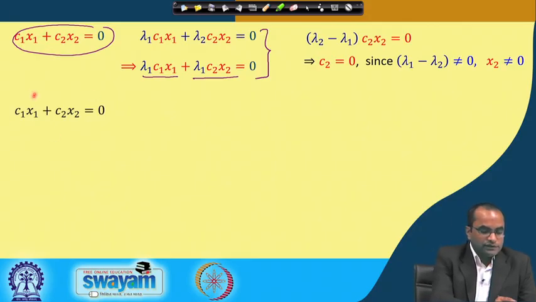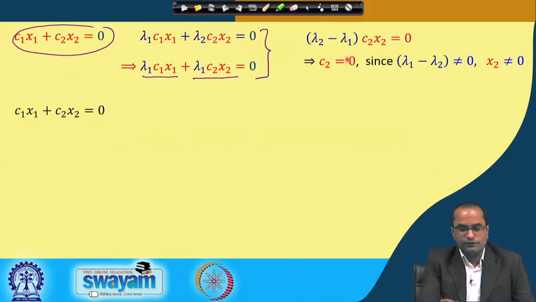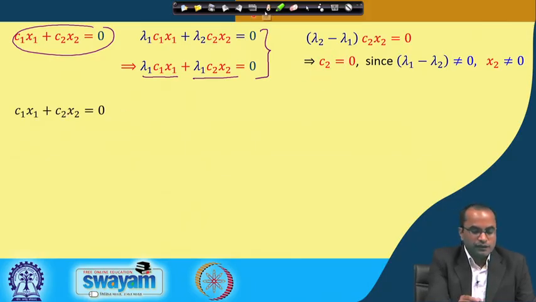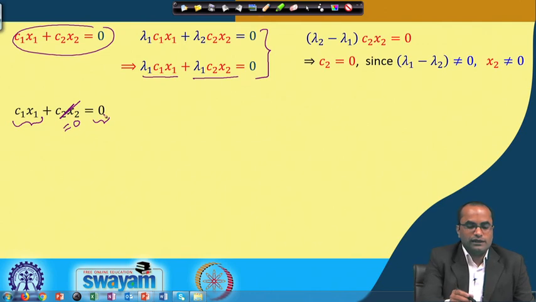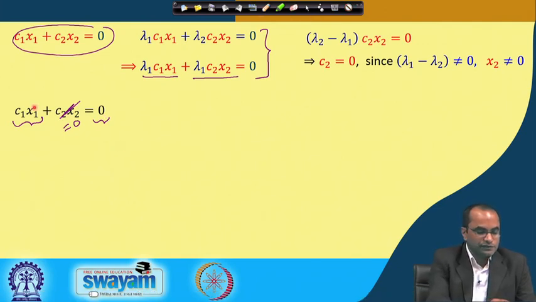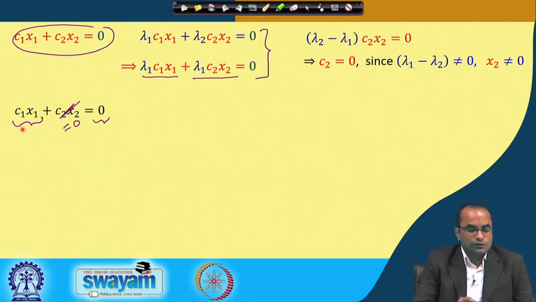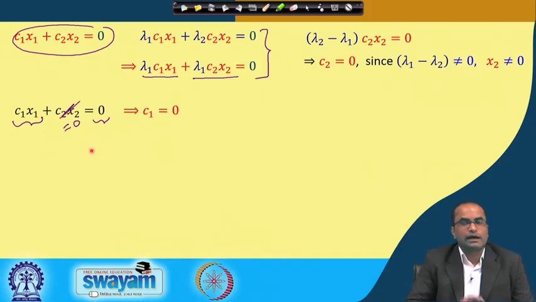And then from equation number 1 again, C 1 x 1 plus C 2 x 2, if we substitute C 2 equal to 0, this term will be 0, and then we have the relation that C 1 x 1 is equal to 0. Again with the same argument, because x 1 cannot be 0, this implies that C 1 is equal to 0.